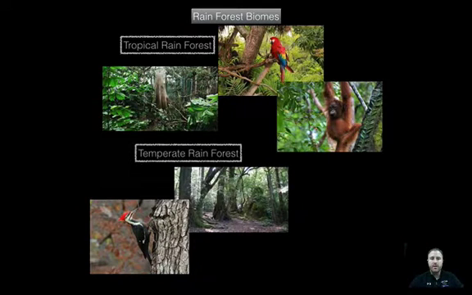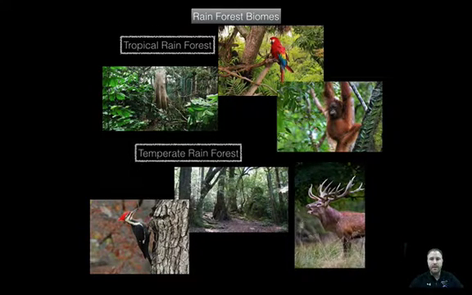You can see that it looks different than the tropical rainforest, but because it receives almost 300 centimeters of rain, that means there's a lot of precipitation that comes down, and so we can categorize it as a rainforest. Again, you see a large variety of plants and animals, but now the temperatures are not warm all year round.